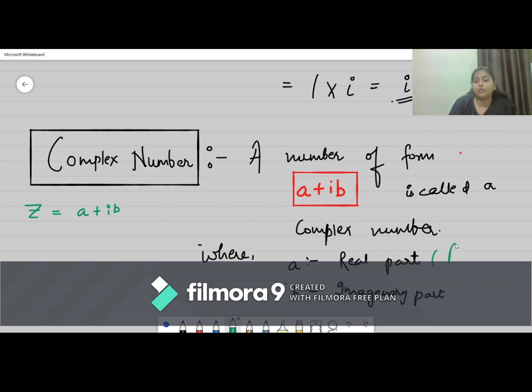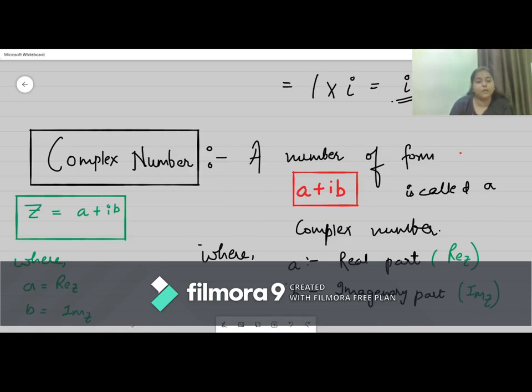Real part को हम बोलते हैं we just represented using RE of Z, and imaginary part को we represented as IM of Z. So this is a complex number. Here, what is A? RE of Z, and B is imaginary part of Z. Okay.